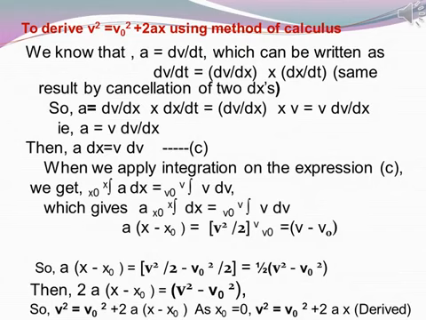Then 2a into x minus x0 is equal to v square minus v0 square. So, v square is equal to v0 square plus 2a into x minus x0. As initial position x0 is equal to 0, the expression will become v square is equal to v0 square plus 2ax. Hence, we have derived the required expression.